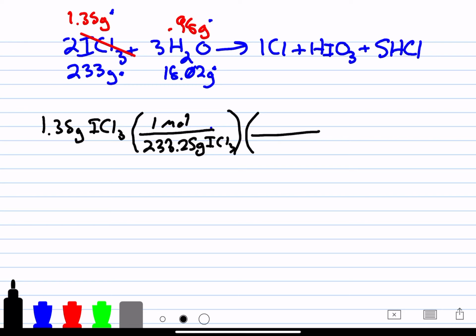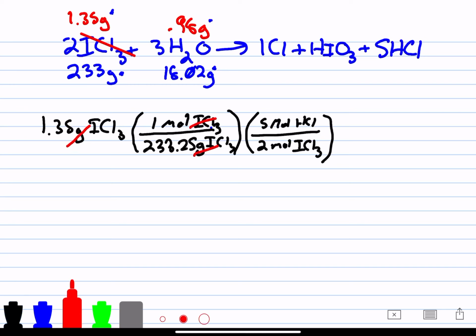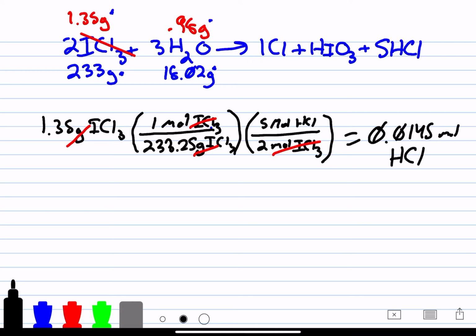We have moles of ICl3 on top, so moles of ICl3 goes on the bottom here, to every 5 moles of HCl. Now if we look, we see that grams of ICl3 cancels out, moles of ICl3 cancels out, and we're going to be left with moles of HCl. And when we multiply this through, we find out that we have 0.0145 moles of HCl. And that is your answer for number 2.